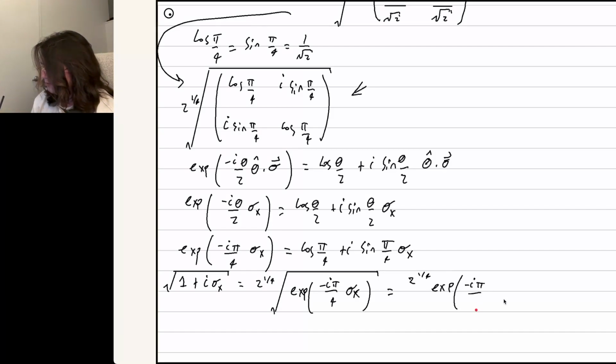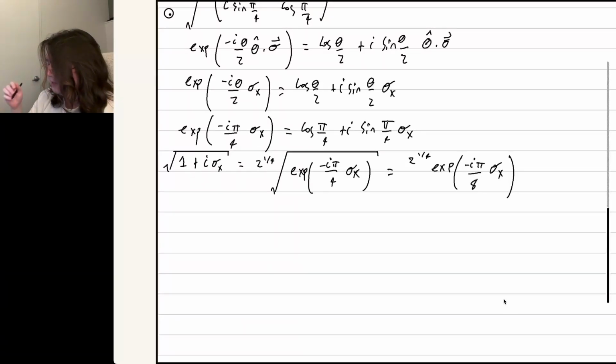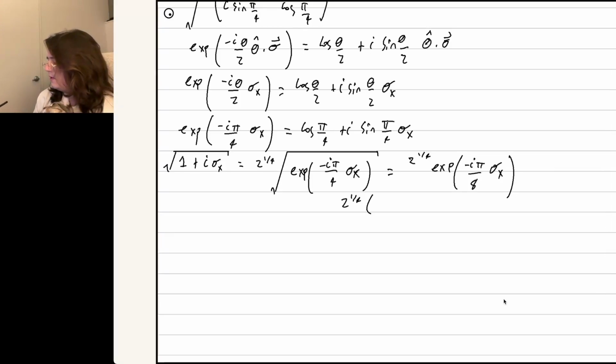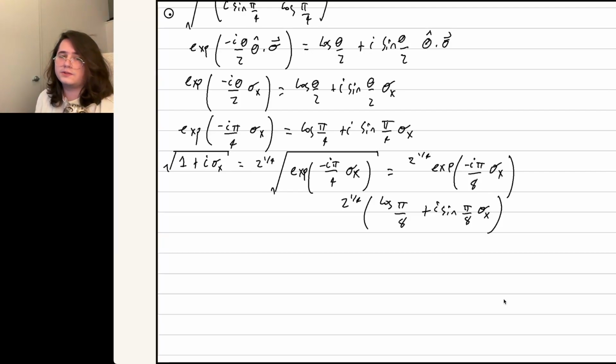So you get exp of minus i pi over 8 sigma x on the inside there, which you then can expand out into the linear combination of the identity matrix like was requested. So cosine pi over 8 plus i sine pi over 8 times sigma x. So that's the first one.